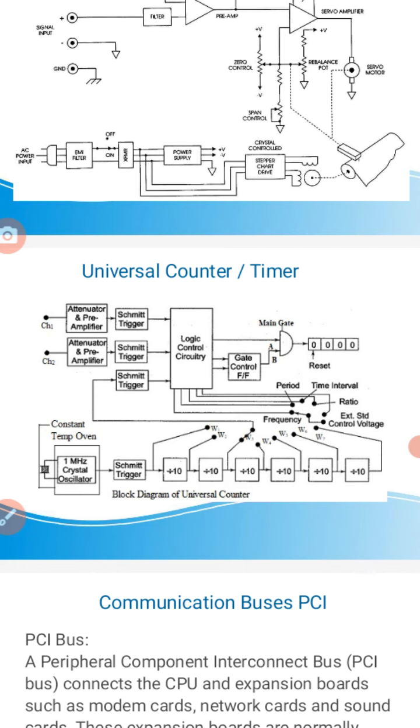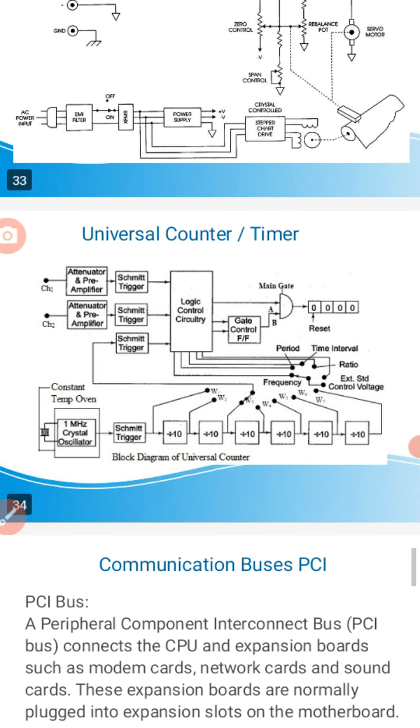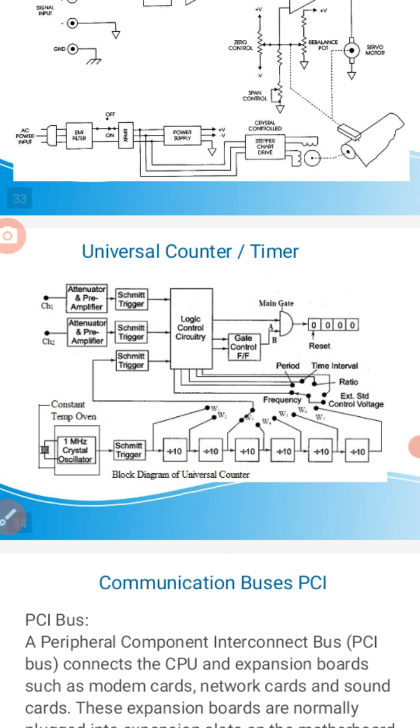Now let us understand a time period measurement. A 1 second time period is standard at the input of the main gate. The main gate has a B input, which is a standard 1 second time period. And from the time period measurement block diagram, it can be seen that the gate control flip-flop is controlled by the input signal presenting start and stop signals through the two input channels.